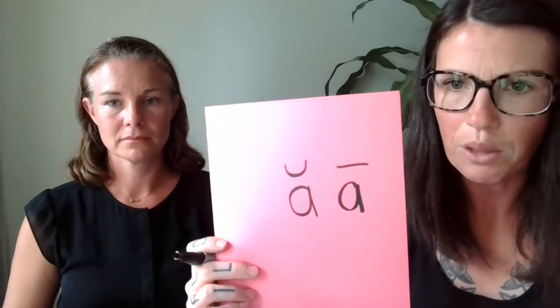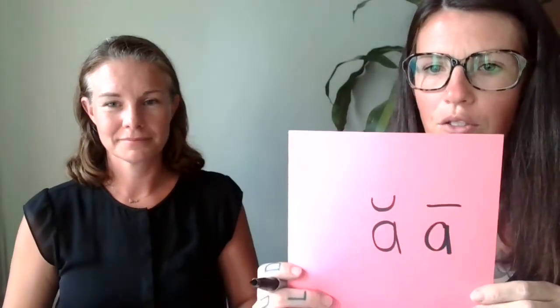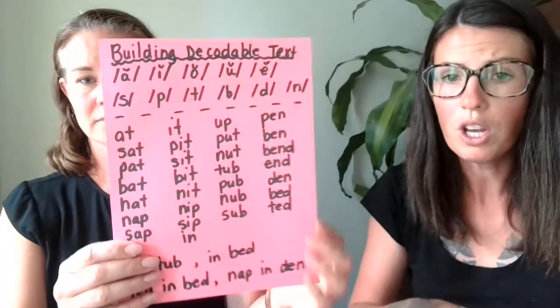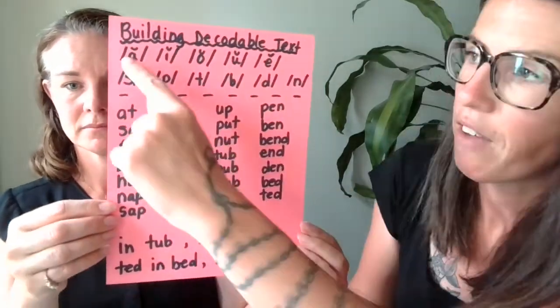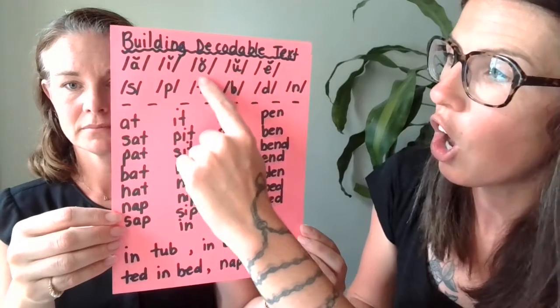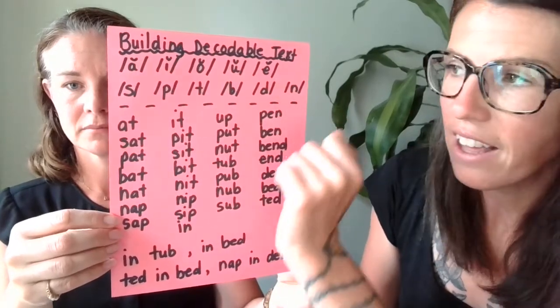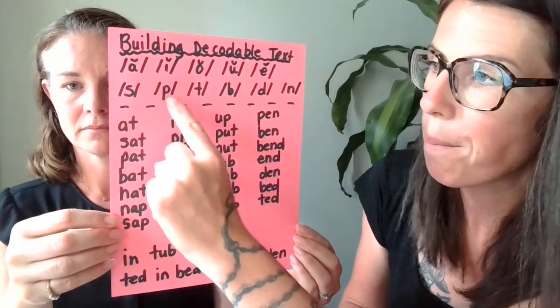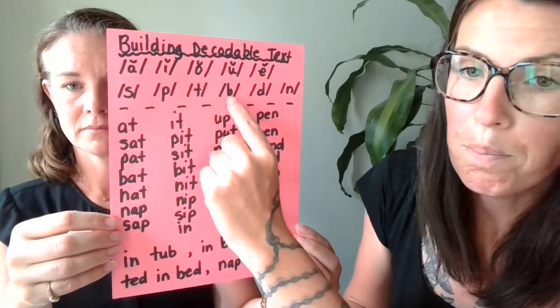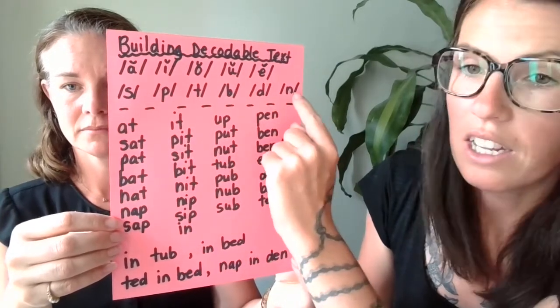You do not need to know this; I just wanted to explain it for your reference. So when you are building your text, I have a, i, and e, and then I have s, p, t, b, d, and n.